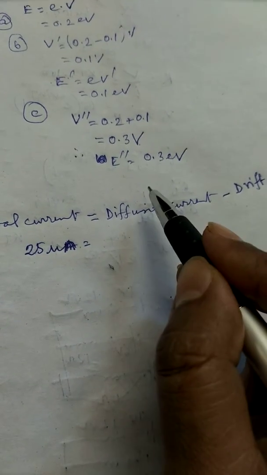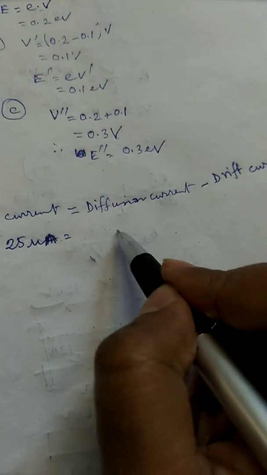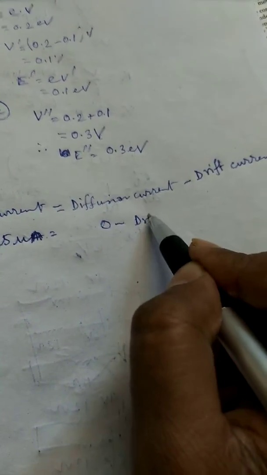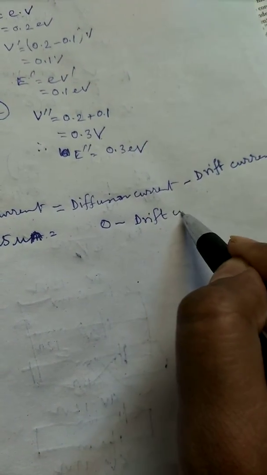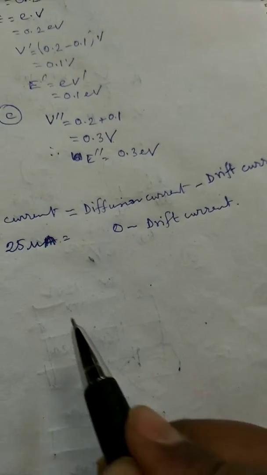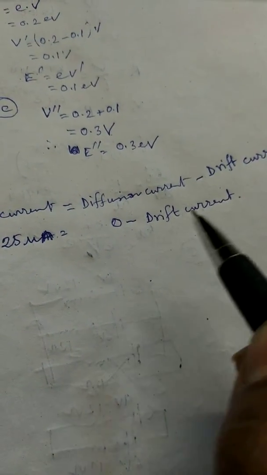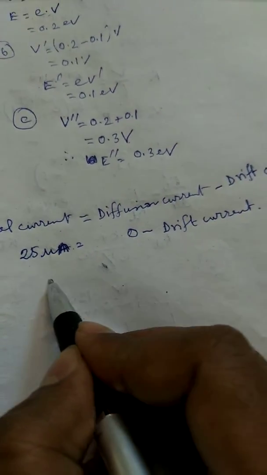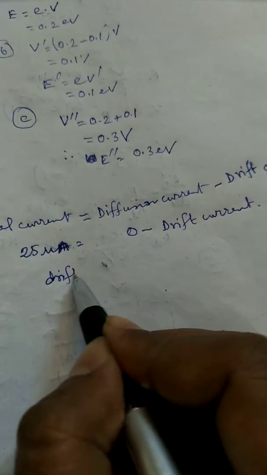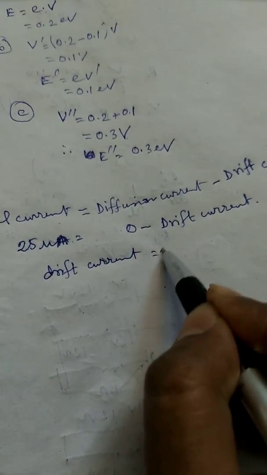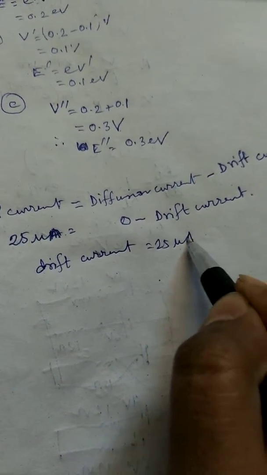Because it is in reverse bias. So the current we actually obtain is due to the drift current, that is the minorities. So this equation tells me that the minority current, which will always be there, is equal to 25 microampere.